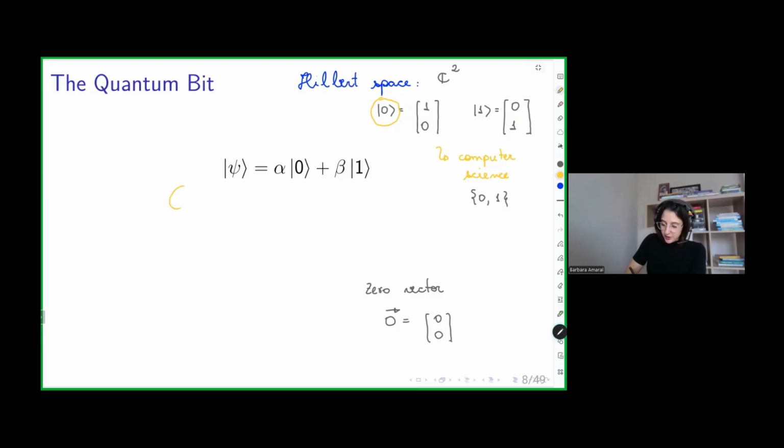So here we have a superposition of 0 and 1. And in mathematics, it translates to a linear combination. In physics, we talk about superpositions. In mathematics, it's represented as a linear combination of the two vectors. Okay? Questions so far?